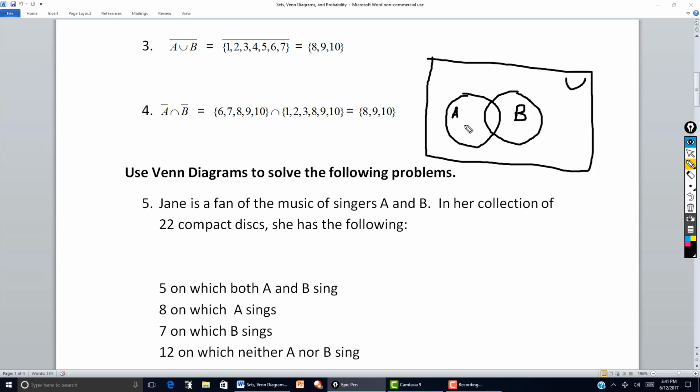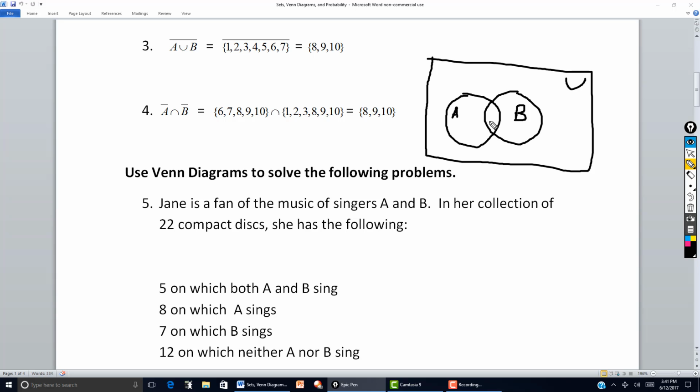Basically we have three regions. One of them is the intersection of the two, A and B. Then this region right here is the region in A but outside the intersection. And this over here is still in B, but outside the intersection. And then the region outside the circles is over here. Of course, that's the complement of that union.